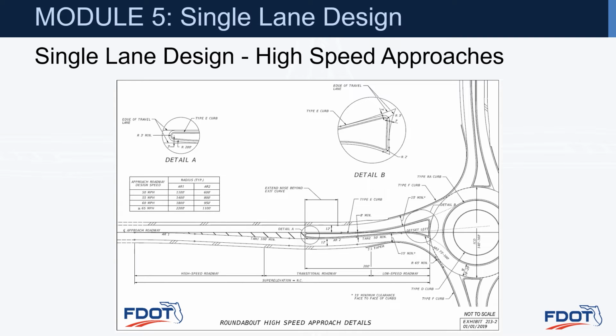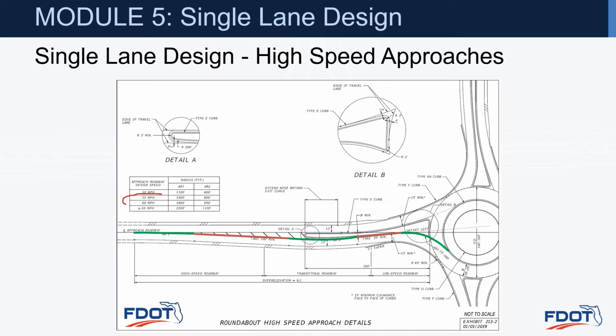For our design example here, we're going to be following the FDOT Exhibit 213-2. And if you recall, we've got this curve to the right, tangent, curve to the left, tangent, and then curve back into the right. All of the approach speeds and information that we're going to be using are shown in this table.